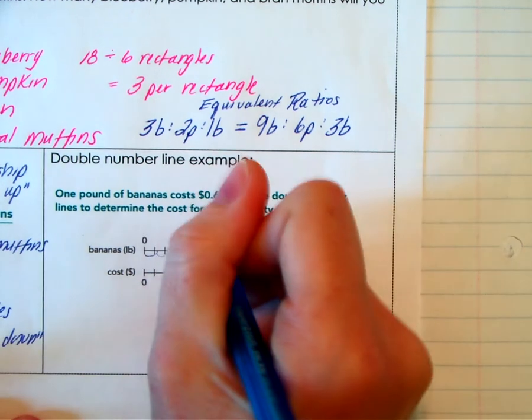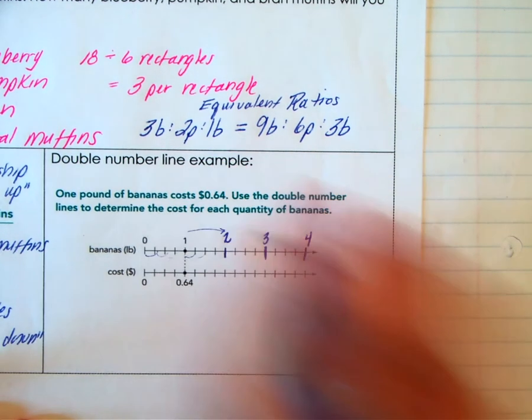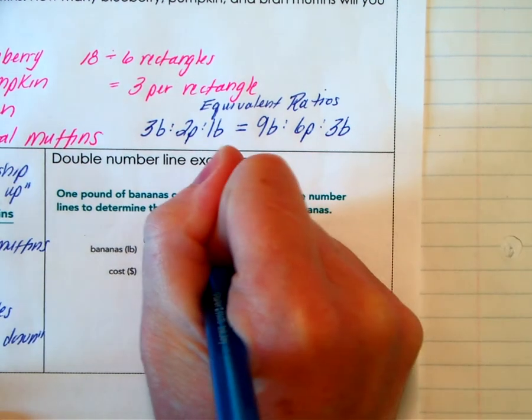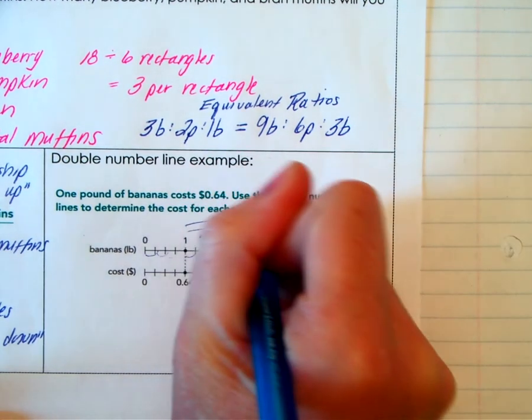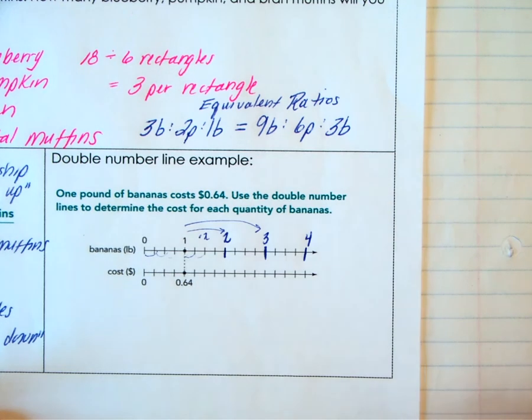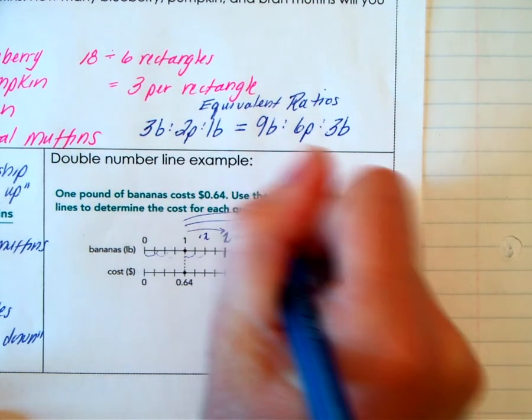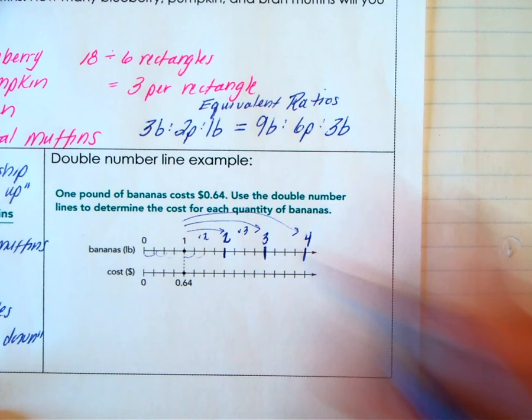What do I do to get from here to here? What multiplicative relationship exists? Times 2. What about from here to here? Times 3. And here to here? Times 4.